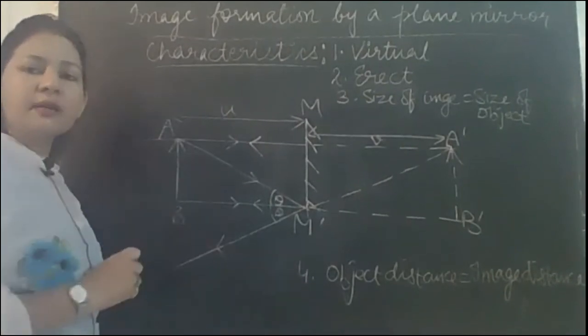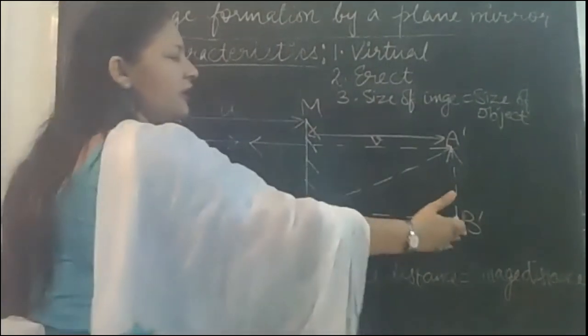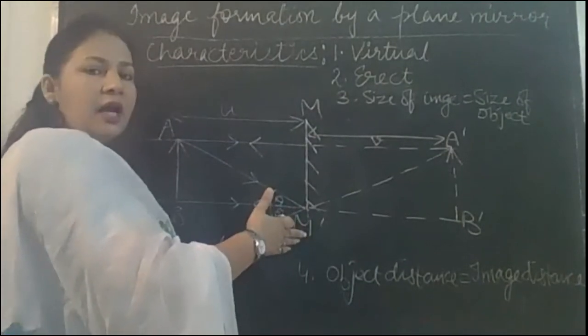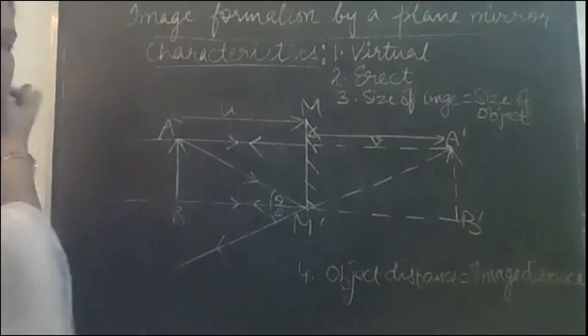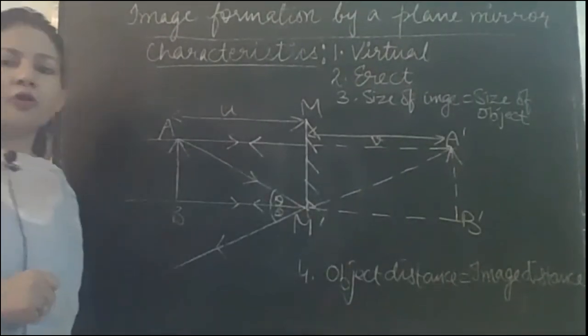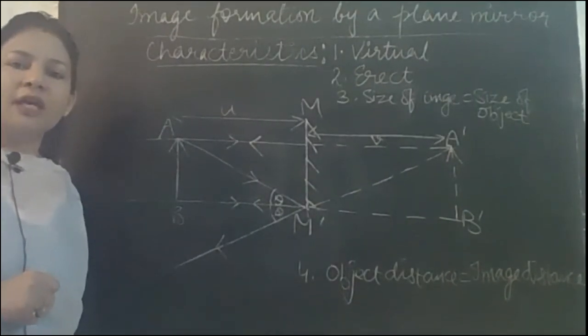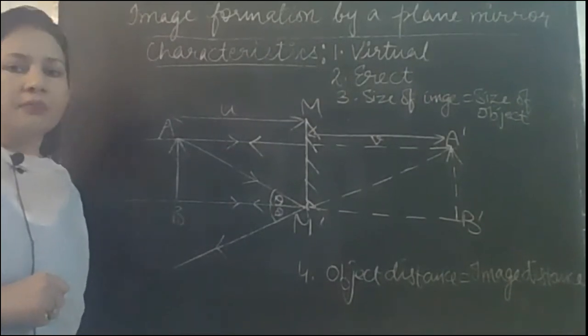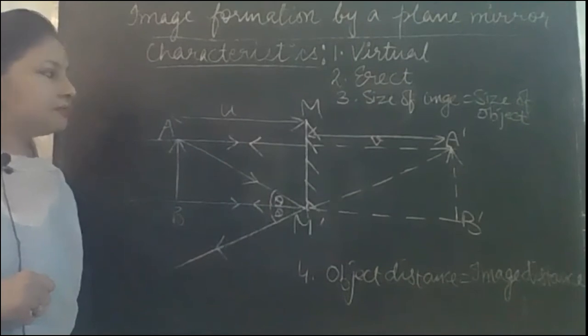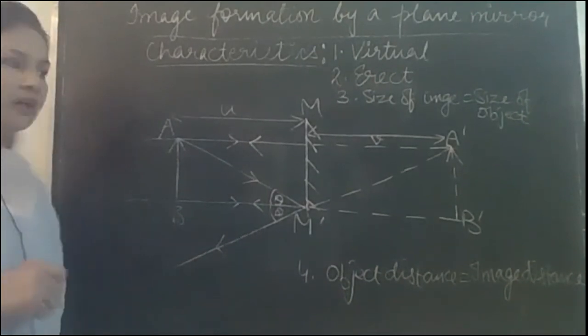And what do we mean by image distance? It is the distance between image and mirror and that is usually denoted by v. Okay, so fourth characteristic of image formed by a plane mirror is that object distance will always be equal to the image distance. All right, let us prove it now.